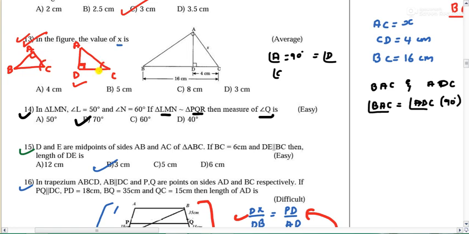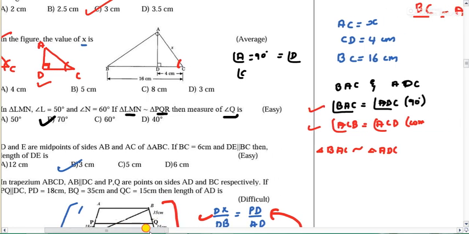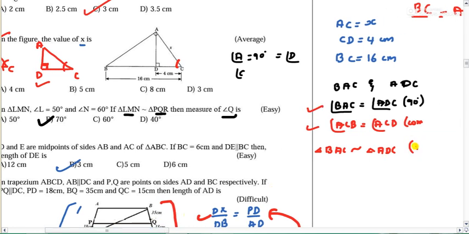Here ACB is equal to ACD. Why? C is common in both. So we already got two conditions. So we can say triangle BAC is similar to triangle ACD using which criteria? AA criteria. Got it?